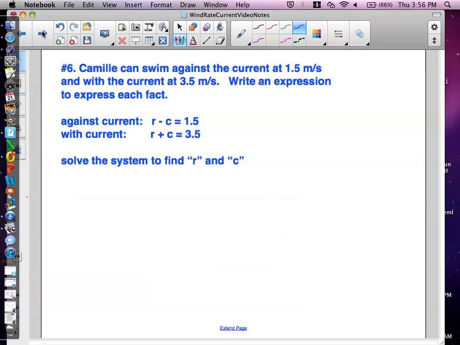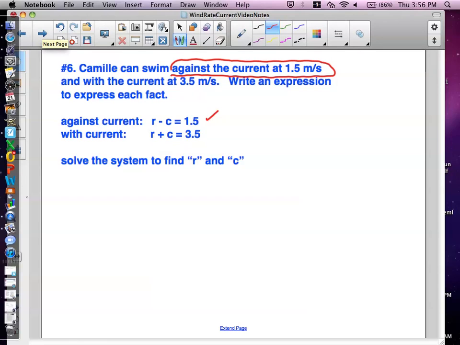Okay, let's look at our first problem, and this is number 6. It says Camille can swim against the current at 1.5 meters per second and with the current at 3.5 meters per second. Write an expression to express each fact. So traveling against the current at this rate is simply R minus C, slowing yourself down, equaling 1.5.